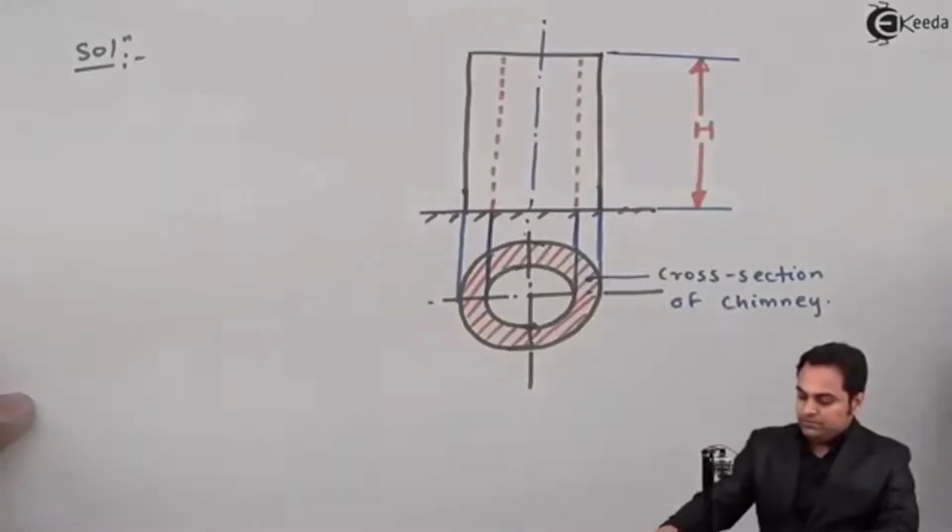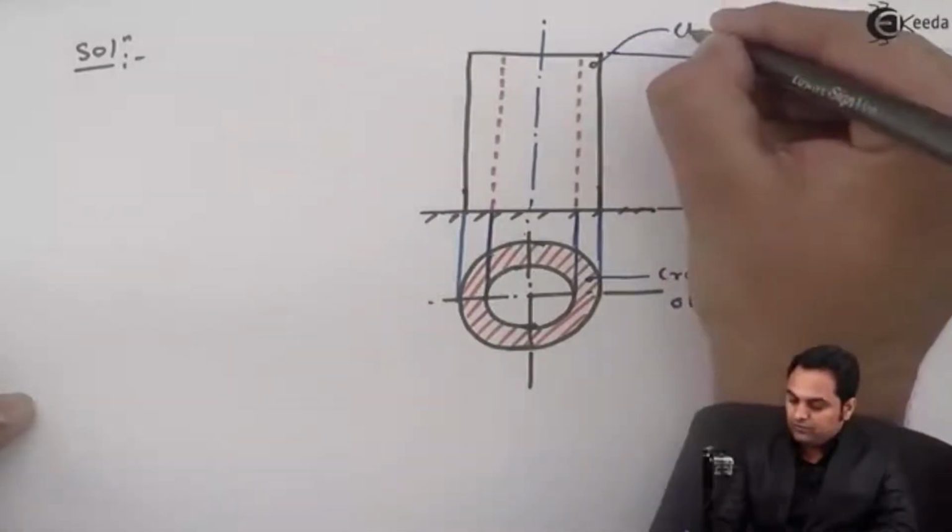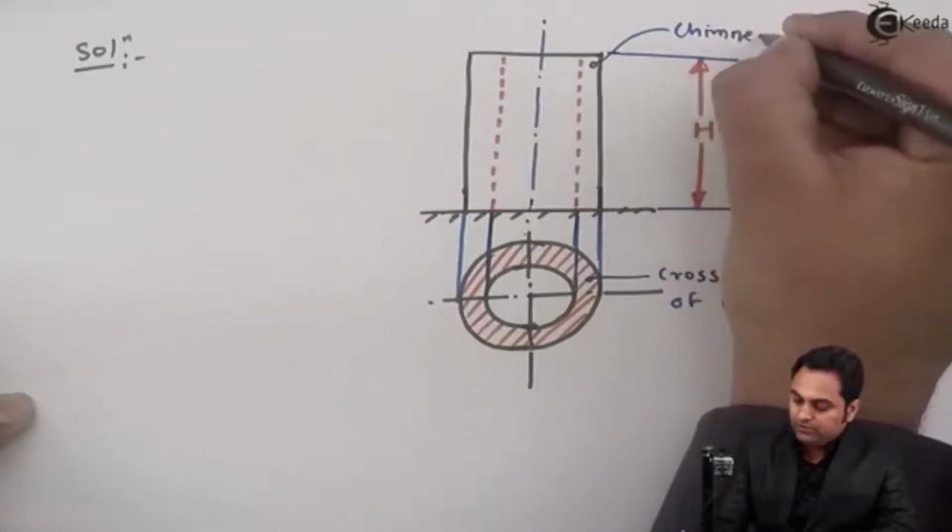So now this is the given chimney, or we can say the masonry wall is the other word.